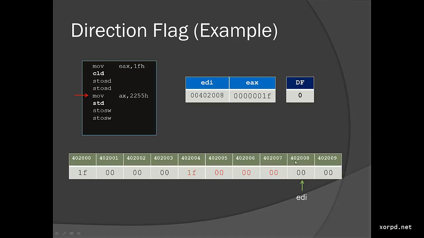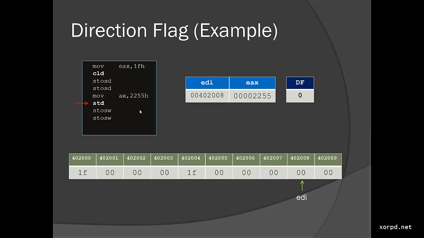It now points on this address. Next, we move this new value into AX, and we get that EAX equals 2255. And currently, we only care about AX because soon we are going to use those STOSW instructions, which only care about AX. They don't care about the total value of EAX.